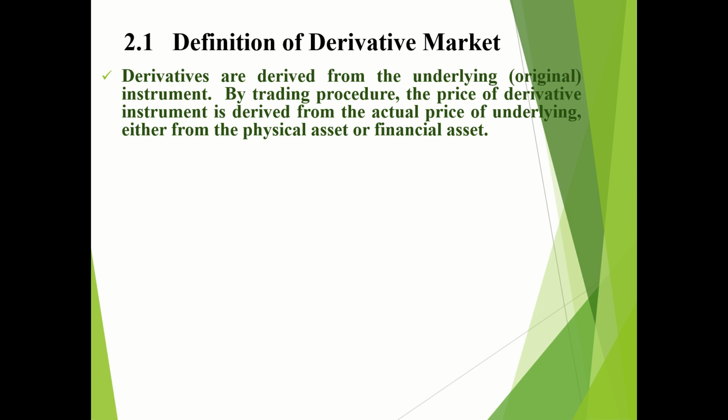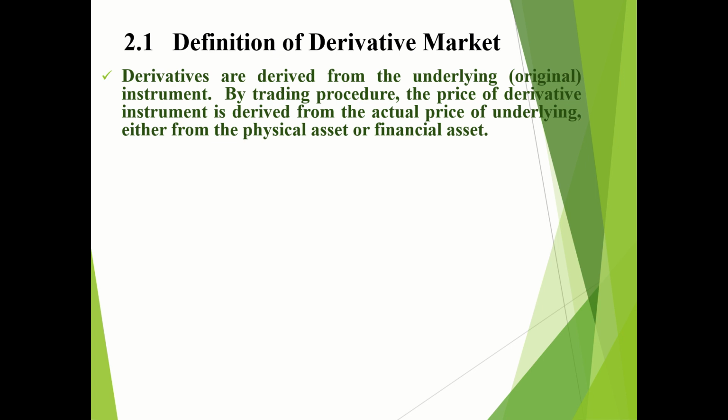So derivatives are actually securities that derive from one underlying instrument. It must have a mother that gives birth to it. So there will be no derivatives that derive from nothing. It must be derived from something, from one original asset, either a financial asset or a business asset.